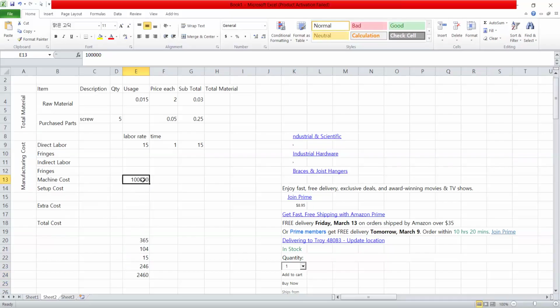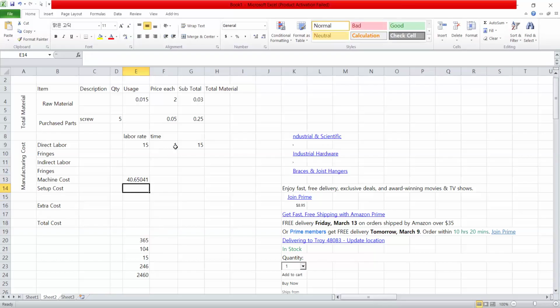If you know the total machine cost, as an example in this case 100,000, and I have to calculate per hour, my yearly cost is 100,000, I will divide it by this 2460. So basically, it gives me $40 per hour, as an example.